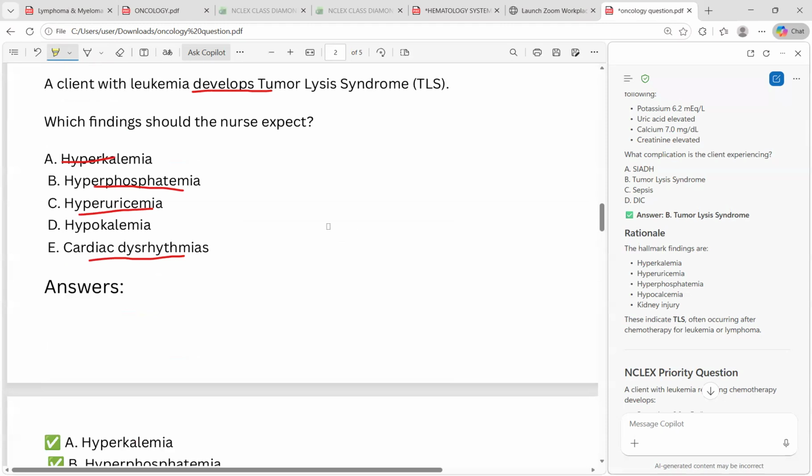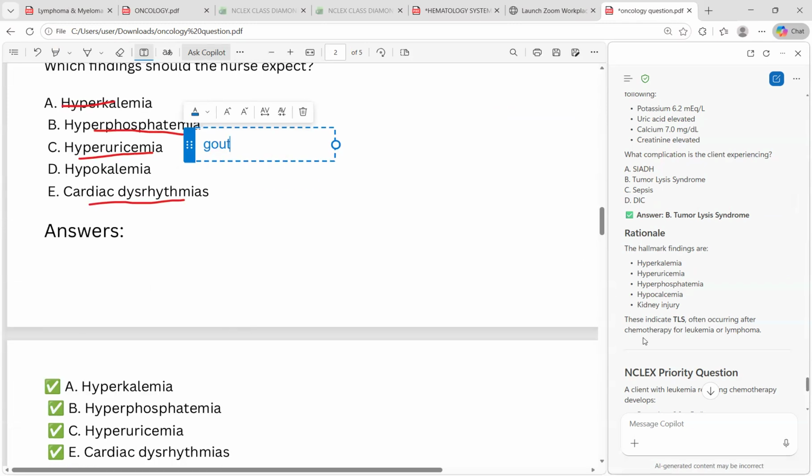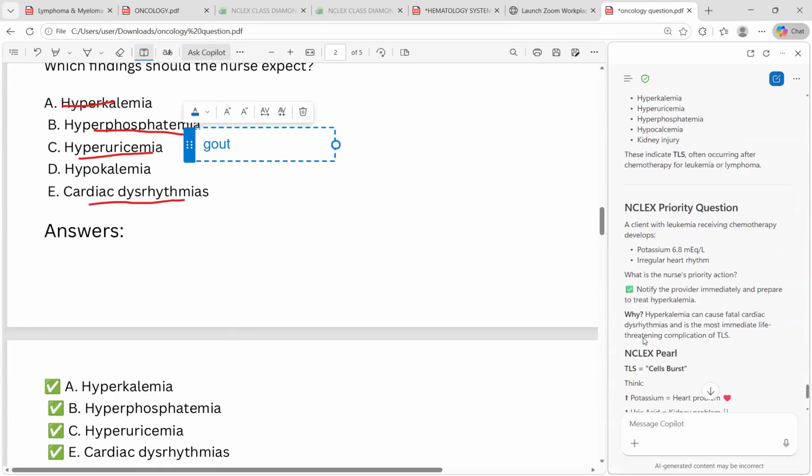Uricemia means the uric acid level is increasing, which can lead to gout, and cardiac arrhythmia. Hope you understood this, and I will give you one more question. You can try it.